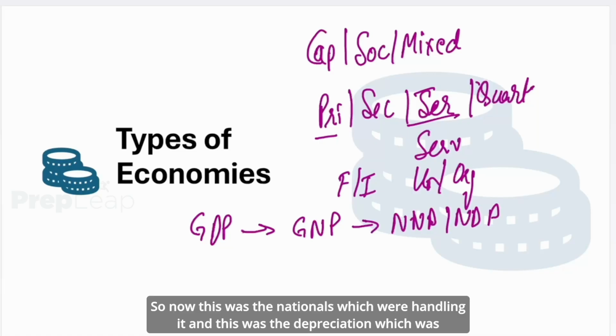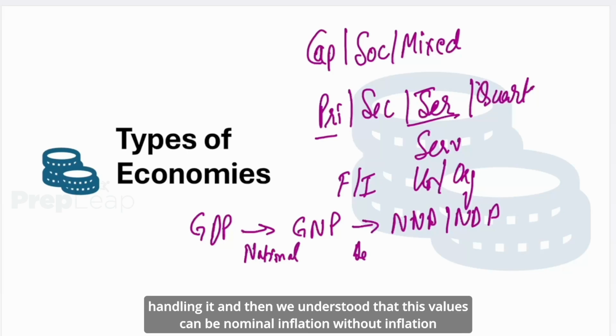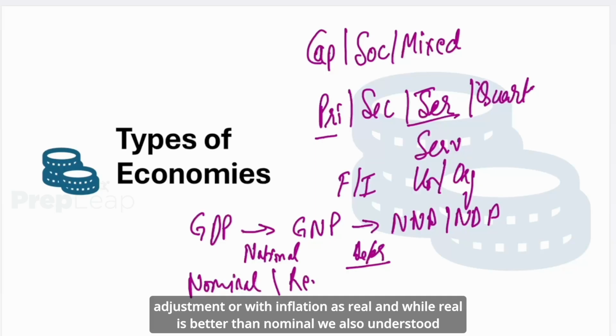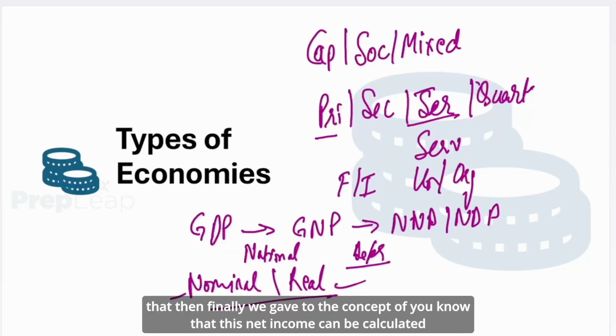So the nationals were handling one thing, and depreciation was handling the other. And then we understood that these values can be nominal, without inflation adjustment, or real, with inflation adjustment. And we also understood why real is better than nominal.